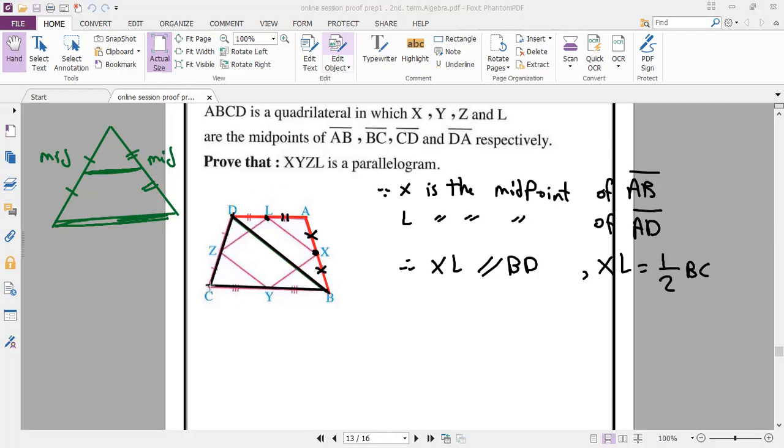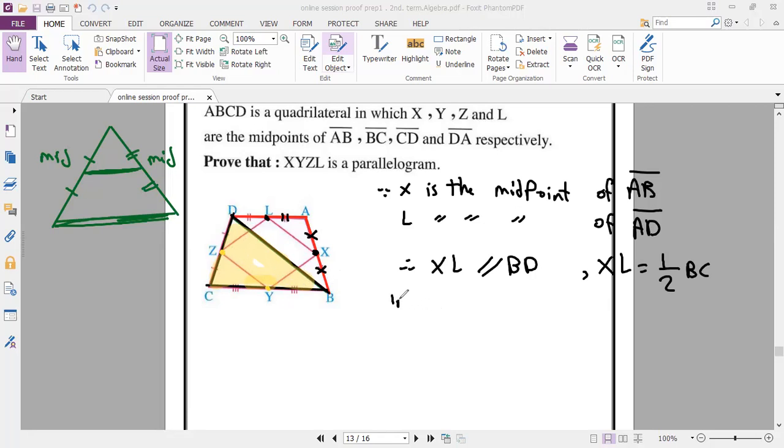Let's color the triangle we want to focus on in yellow. In this triangle here, we have Z as a midpoint of DC, and Y is the midpoint of BC. So ZY is parallel to BD, and ZY equals half the length of BD.